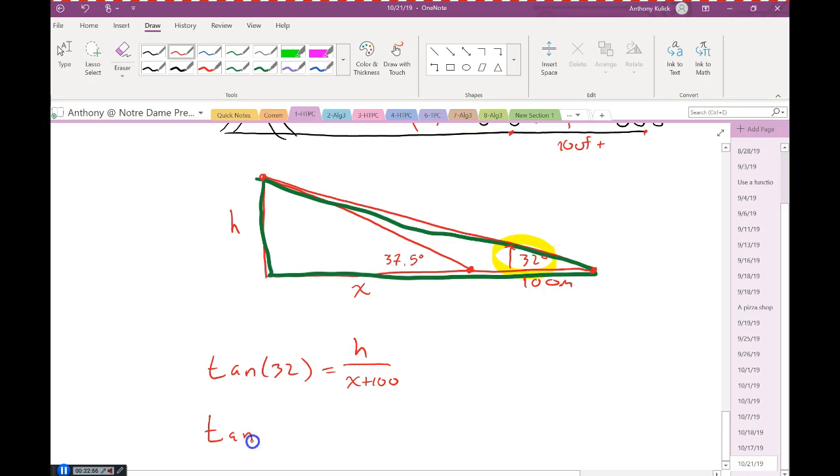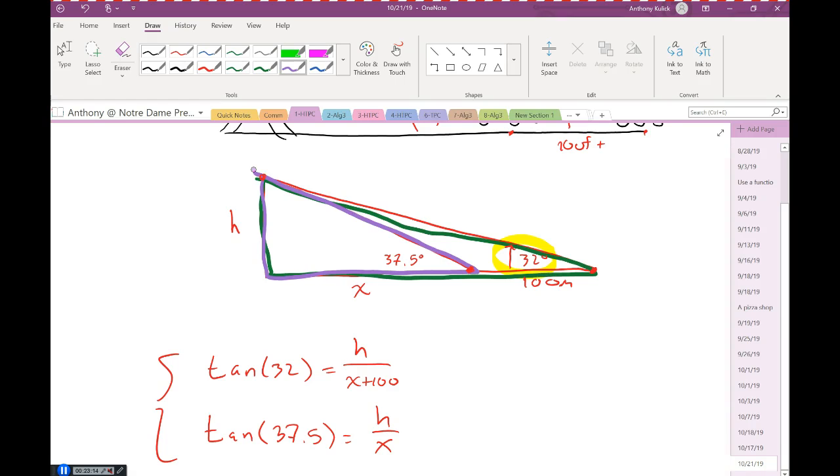My other equation is tan 37.5 equals opposite over adjacent, because that is that triangle. Is everybody okay so far with what we've done?